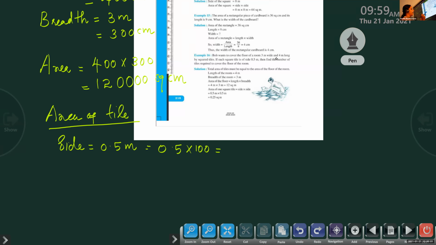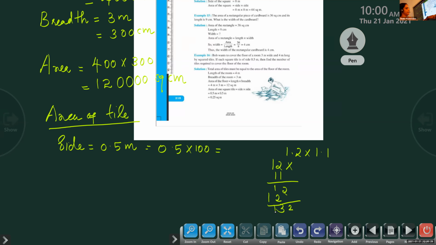Listen, children. How will you multiply two decimal numbers? I'll give one example: 1.2 into 1.1. What we will do is multiply without the decimal point. So 12 into 11 is 132.